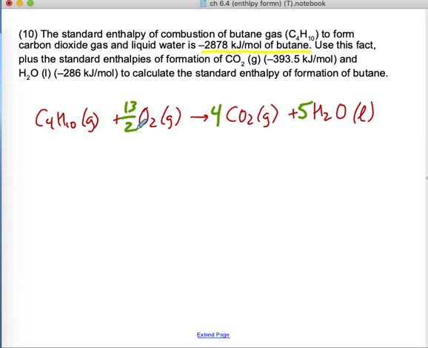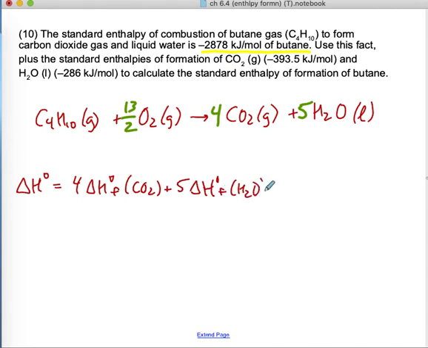Okay? So, using the equation, I'll write out the general form. The standard enthalpy of combustion is 4 times the standard enthalpy of formation of carbon dioxide, I'm sorry, I said butane, that's not correct, carbon dioxide, plus 5 times the standard enthalpy of formation of liquid water minus the standard enthalpy of formation of butane.